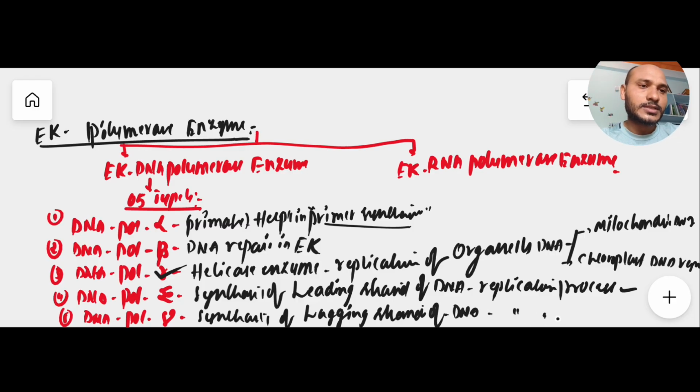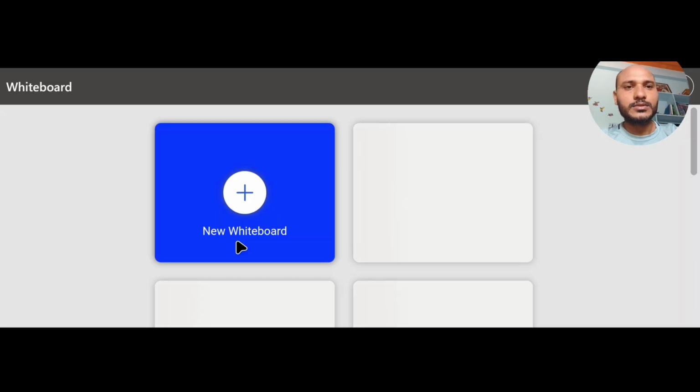In the lagging strand, the small pieces or fragments are called Okazaki fragments. The synthesis of Okazaki fragments is also mediated by DNA polymerase delta. So this is all about the eukaryotic DNA polymerase enzyme, in which we have 5 types.